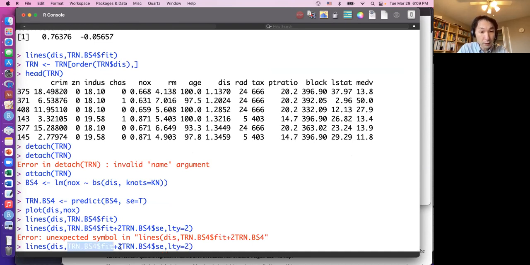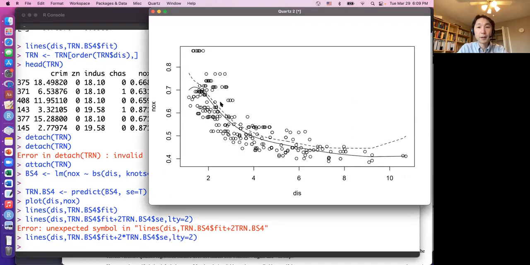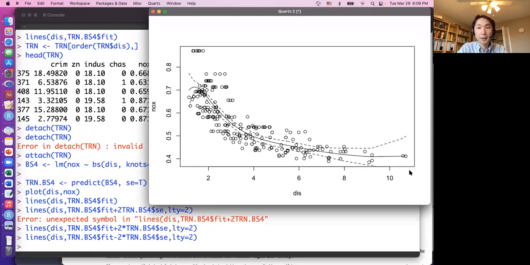Fitted value plus 2 standard deviations, so 2 times. So we get this. You can see that at the center, the band is narrower because we have more information, but on both sides, basically, splines can blow up. The cubic function can blow up. So it has much wider standard error here and here. And minus 2 standard error, you can do in the same way here.